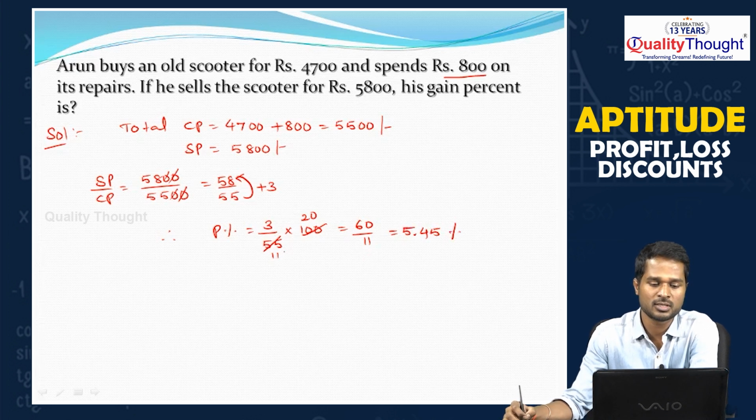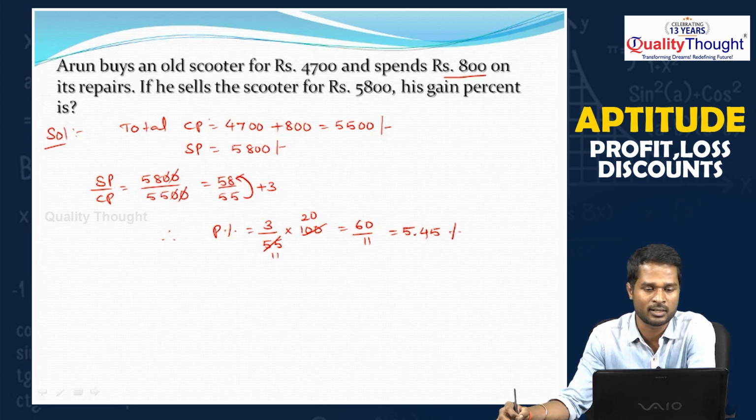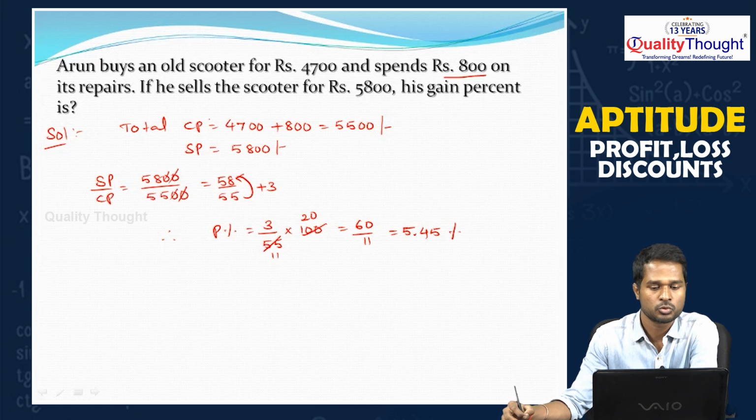Okay. So, this is how we will calculate. See, in the question directly we can say he sold it for more than what he purchased. So, he purchased it for 5,500 only and he sold it for 5,800. So, take this extra repair cost also into consideration, which is also part of the cost price. So, that will be denoted as selling price is 5,800 he has given and the cost price is 5,500, take them and we can calculate.